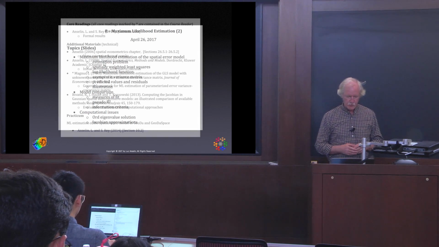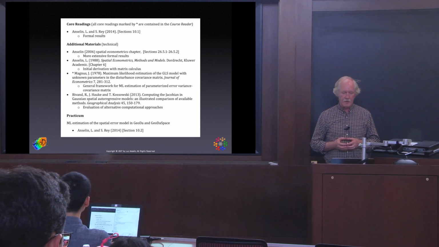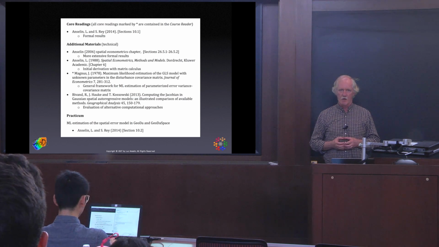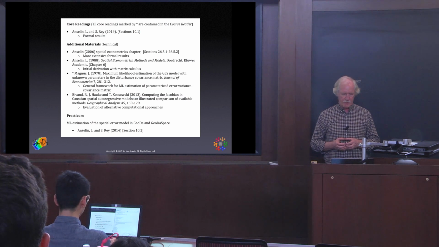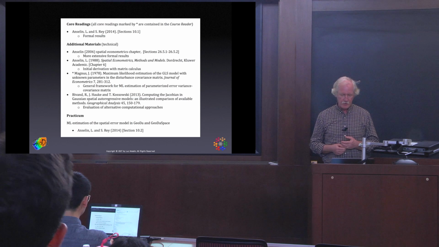The readings are the usual. The technical discussion is in the Anselin and Ray book. The gory details of the derivations, with the matrix partial derivatives and all that fun stuff, are in the book, and to some extent in the review chapter.